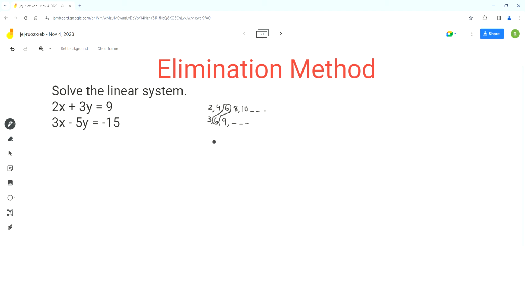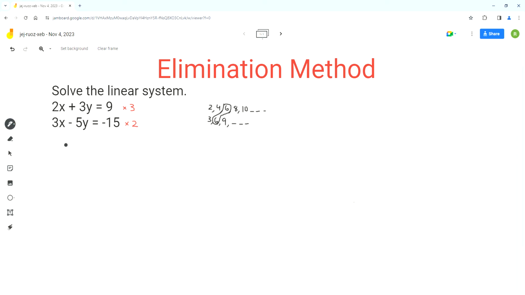That means we have to multiply the first equation by a number so that 2 changes to 6, and we multiply the second equation by a number so that this 3 changes into a 6. So we multiply the first equation by 3 because 2 times 3 is 6, and we multiply the second equation by 2 because 3 times 2 is 6.